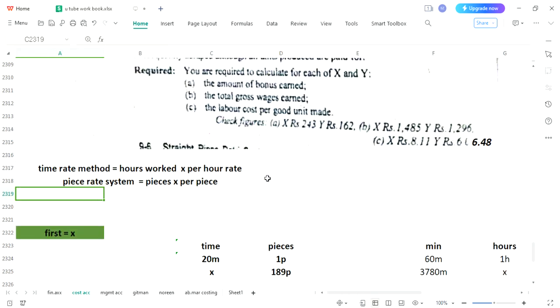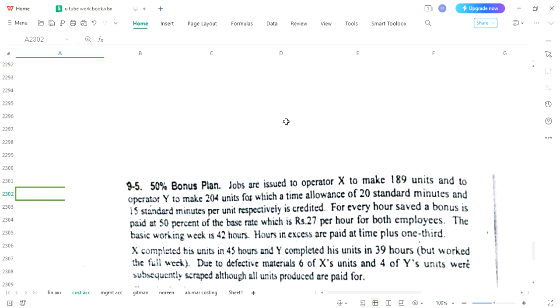In this third part, labor cost per good unit, go to the question. Due to defective material, 6 of X units were subsequently scrapped. It means 6 units are defective or scrapped goods. How many total units had he made? 189.